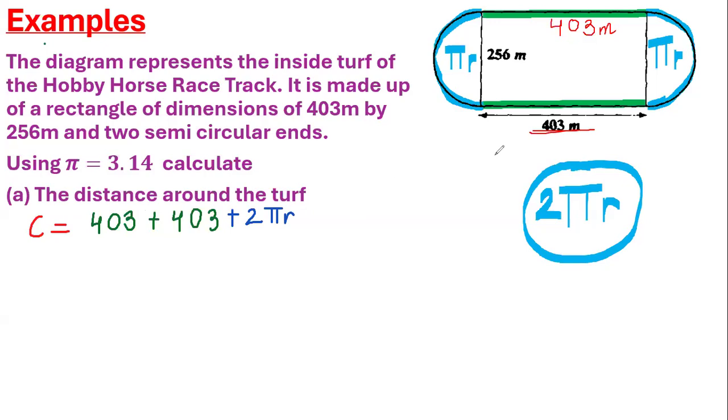All right, so this side is 403, and this side is 403. We're trying to find the distance of the entire shape, so we do this 403 plus this 403. That's where the 403s come from. That makes sense to you? Yes, sir. Good. And then we have pi r for this semicircle, and then we have pi r for this semicircle.